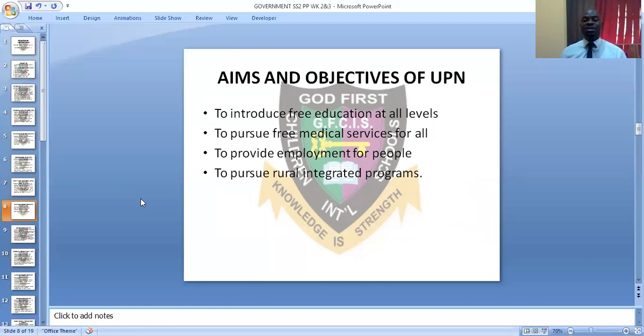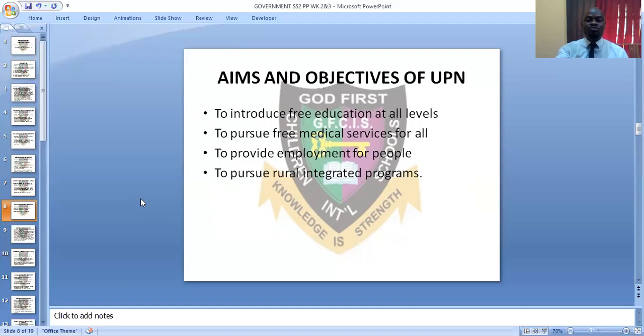Even to today, if you want to talk about Chief Obafemi Awolowo, something so spectacular about him is this particular aim of introducing free education, because he knew that not all Nigerian parents can afford to send their children to school. Awolowo was looking forward to a future where all citizens would be educated.